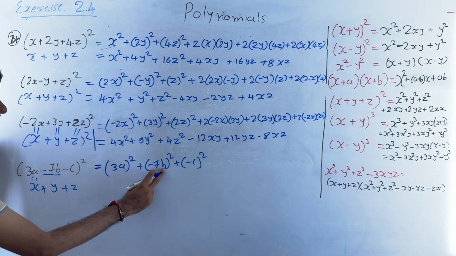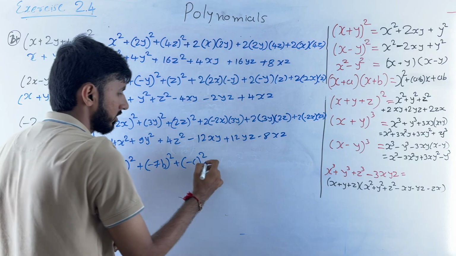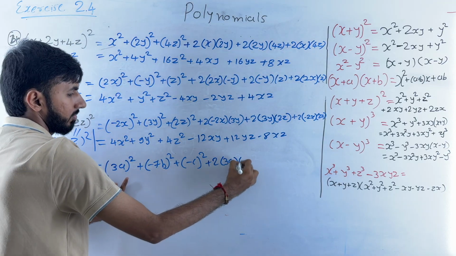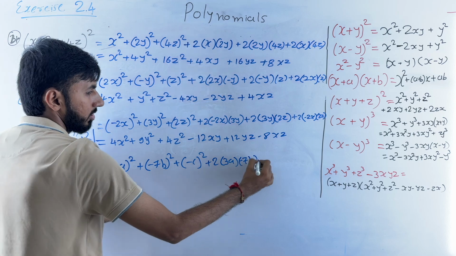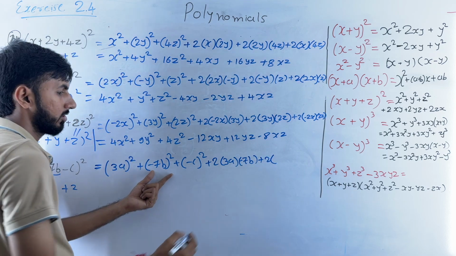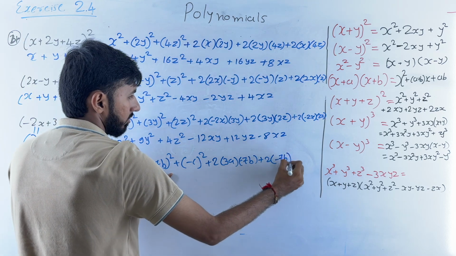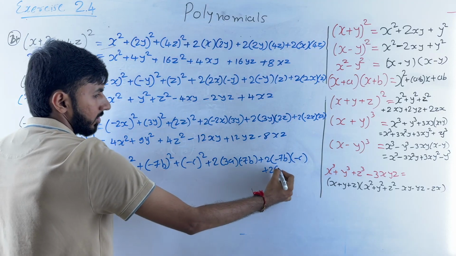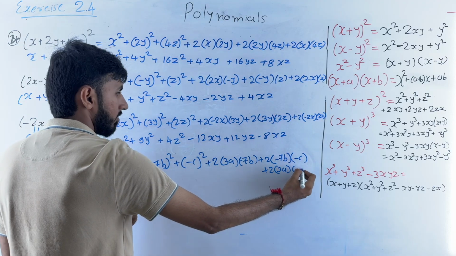X is equal to 3a, y is equal to minus 7b, z is equal to minus c, plus 2 in bracket first term and second term, that is 3a multiply minus 7b, then plus multiply second and third term, that is minus 7b multiply minus c, plus 2 in bracket first and last term, that is 3a multiply minus c, right?